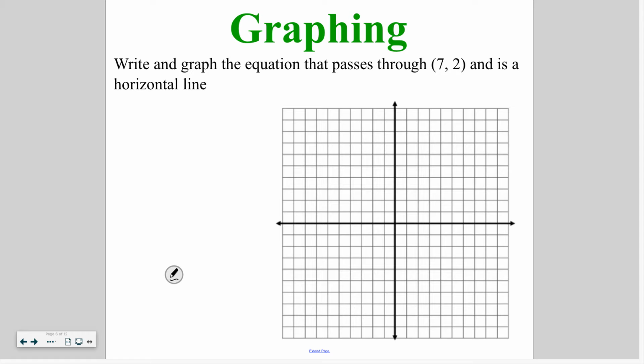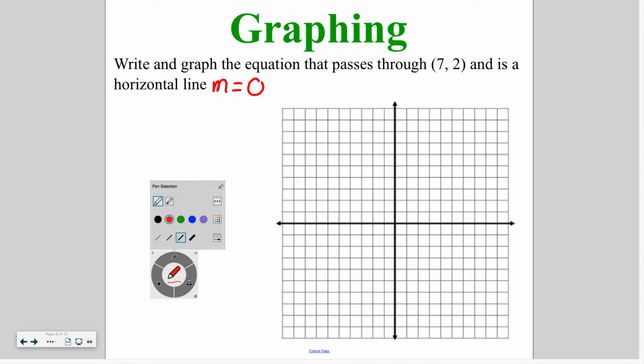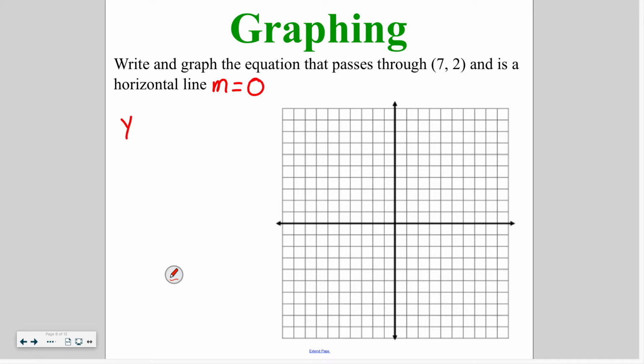One other thing to pay attention to is if it asks you to graph a horizontal line. A reminder that a horizontal line has a slope of 0. So your equation is going to say y minus y1, which is 2, is equal to slope, which is 0, parentheses x minus x1, which is 7.